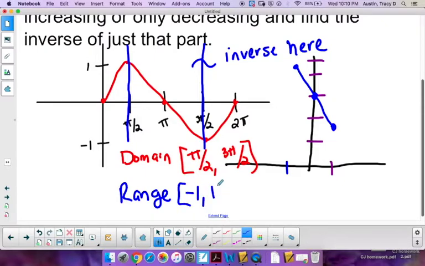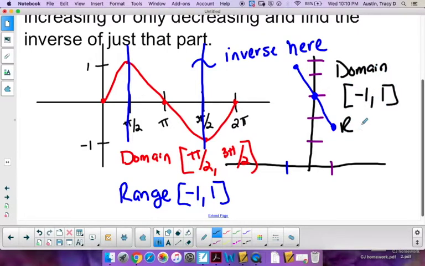It's still going from -1 to 1. Okay, so let's think about what would happen on the new one. If we swap just this one section, here it is, we've graphed it. The domain of my inverse is now from -1 to 1, and my range is now from pi over 2 to 3 pi over 2. And that would be it.